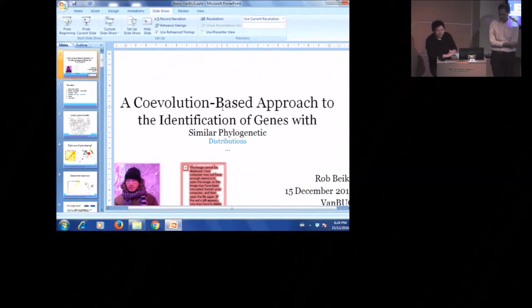So Rob did his PhD at University of Ottawa and postdoc at University of Queensland in Australia, broadly focused in analysis of microbial genomics and metagenomics. He's also a Canada Research Chair in Bioinformatics.